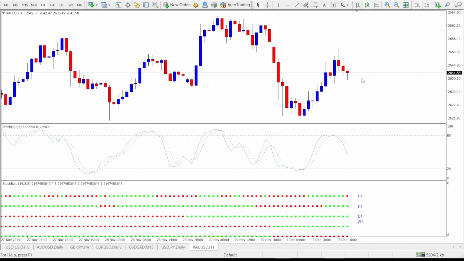What I mean by bearish structure, as you can see, the candlesticks are forming lower highs and lower lows. Each candlestick that forms has a lower high than the previous and a lower low than the previous. So we are already having a sort of bearish structure formed by the candlesticks.